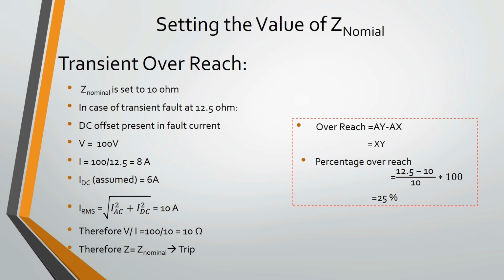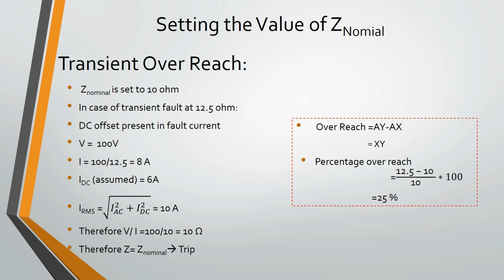Again with a setting of 10 ohm, a fault at 12.5 ohms: voltage will be 100 volts, current will be 8 amperes as calculated. Assuming a DC offset current of 6 amperes, the RMS current becomes 10 amperes. Therefore, the apparent impedance at that point is voltage divided by current, 10 ohm, which is also equal to the tripping criteria, even if the actual impedance of the line was 12.5 ohm.